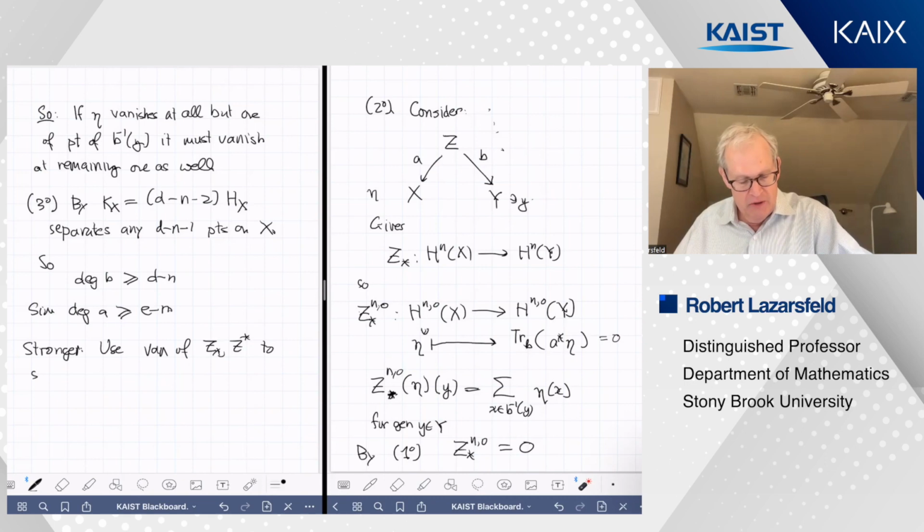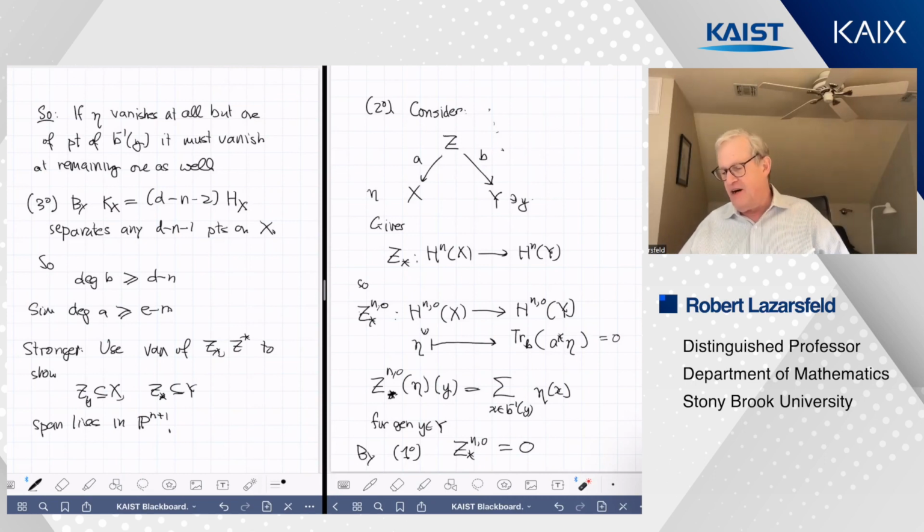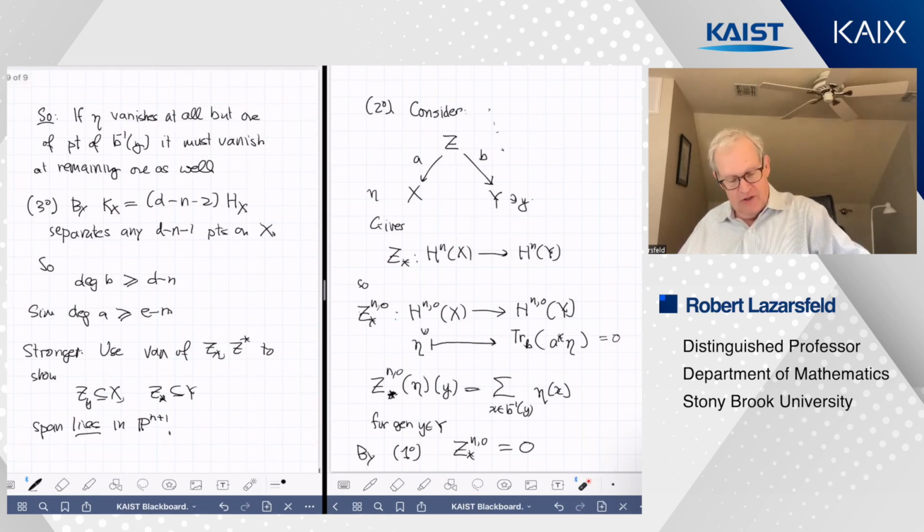That is, the fiber of Z over Y, a subset of X, and the fiber over a point X, a subset of Y, actually span lines in P^(n+1). And then you argue geometrically.